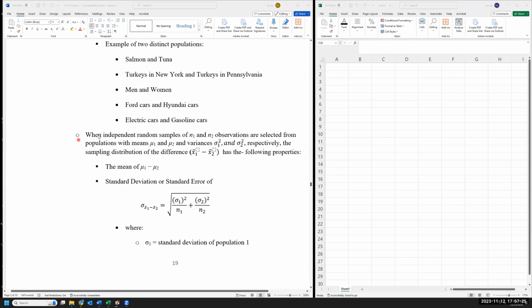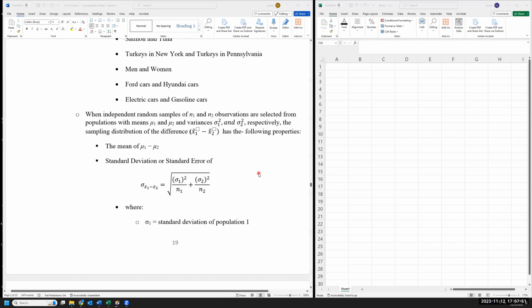Let's look at this. When independent random samples of N1 and N2 are selected from populations with mean mu1 and mu2 and variance, these are population parameters, sigma 1 squared and sigma 2 squared respectively, the sampling distribution of the difference in the sample means has the following properties.